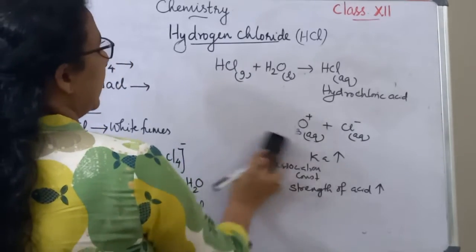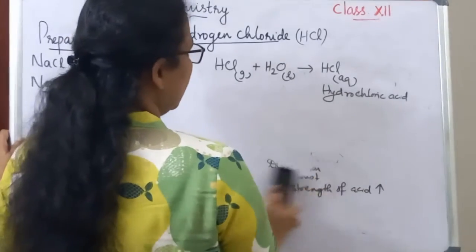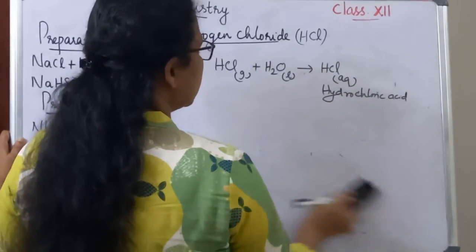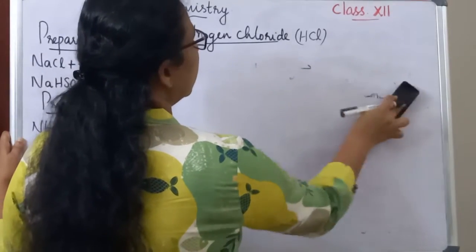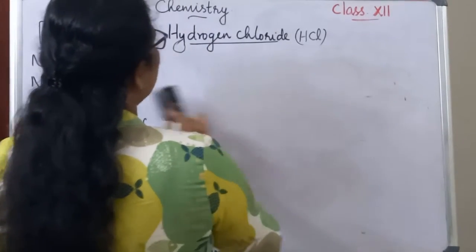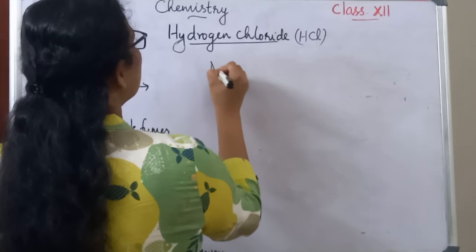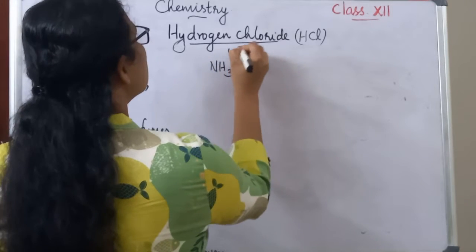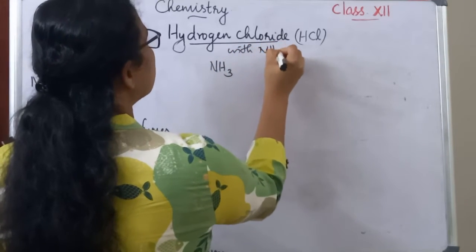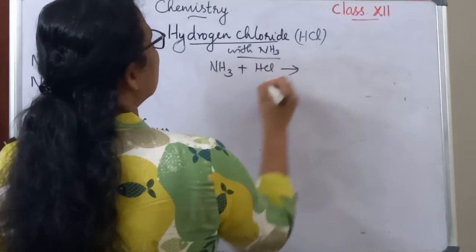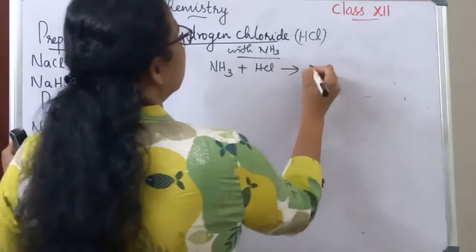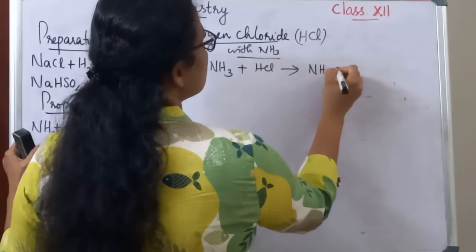Now let's see another reaction, that is a chemical reaction with ammonia. So with ammonia, NH3, hydrogen chloride gas reacts to form NH4Cl.